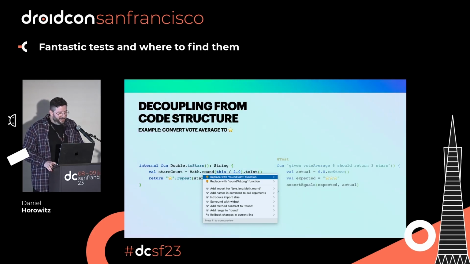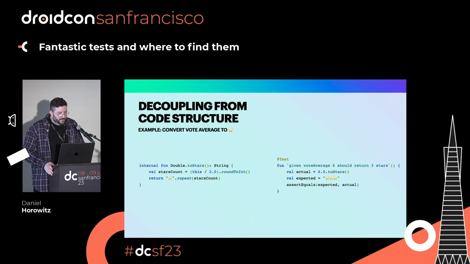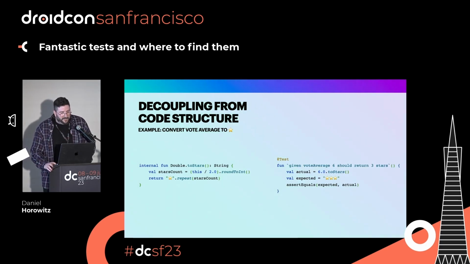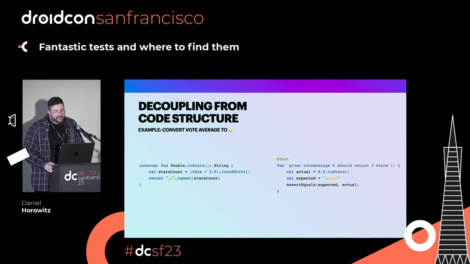So you say, yeah, let's replace it. Changing the implementation didn't make the test fail. In other words, the test is still passing because it is decoupled from the structure, but it's asserting the behavior. So that's what this property is about.